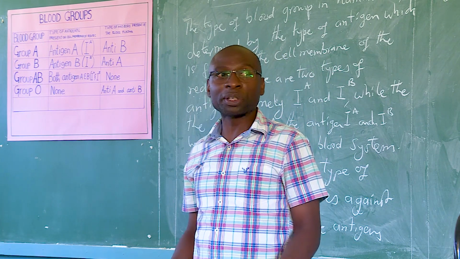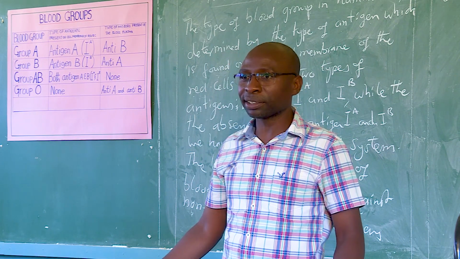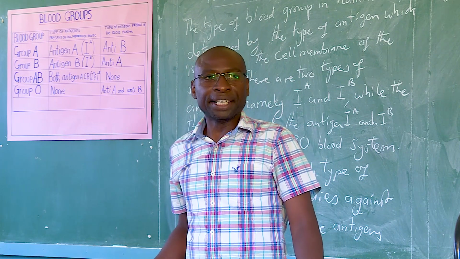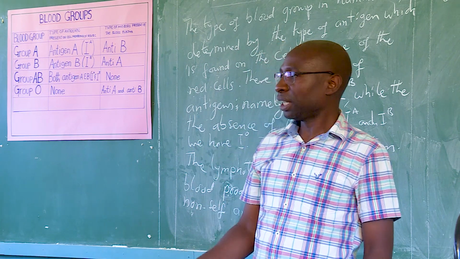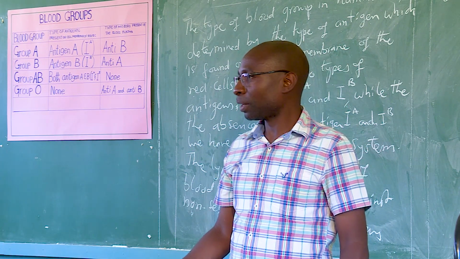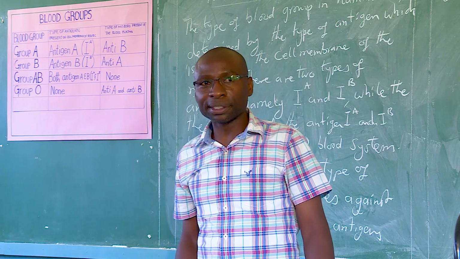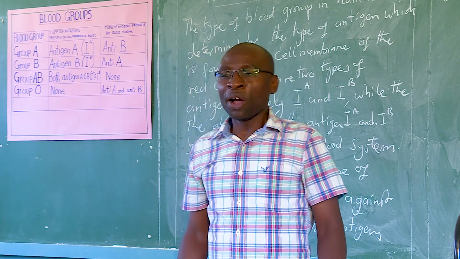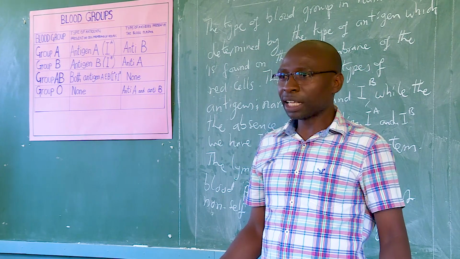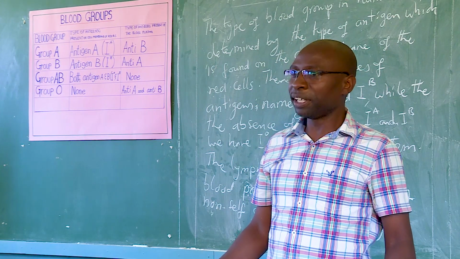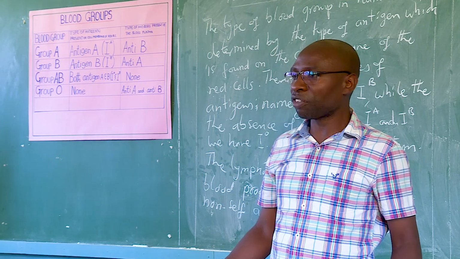The person has a specific amount of blood they are supposed to have, but at times you may find that the person is not having enough blood. What causes that? Yes, Doreen? Some is due to accidents. Correct. If someone has been involved in an accident and has lost a lot of blood, that blood is not just going to be replenished there and then. It will take time.